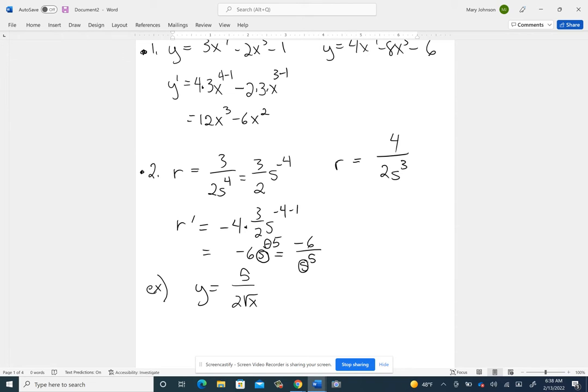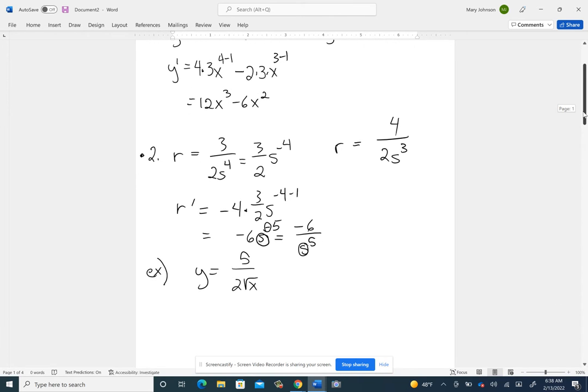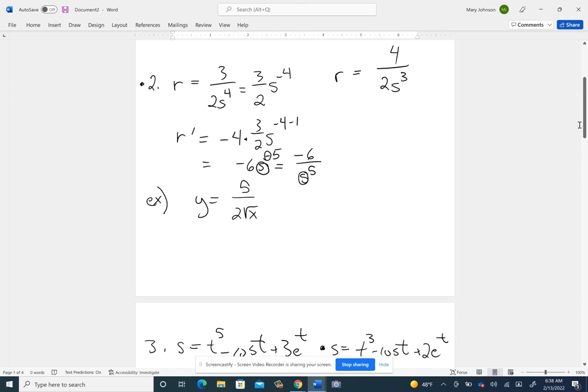Okay? So I wanted to throw one more example in. You didn't have a quiz on this, but this was another function that you can change into something where you could apply the power rule. This one has that radical, and I went ahead and put it in the denominator. But couldn't I rewrite that as 5 halves and then x raised to the negative 1/2 power?